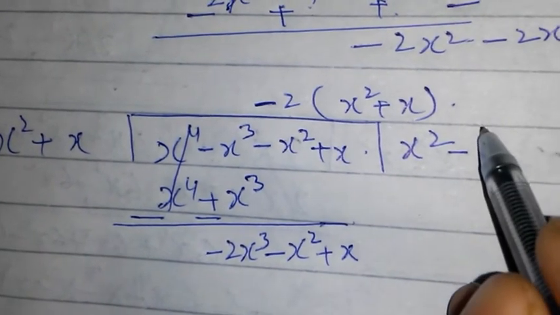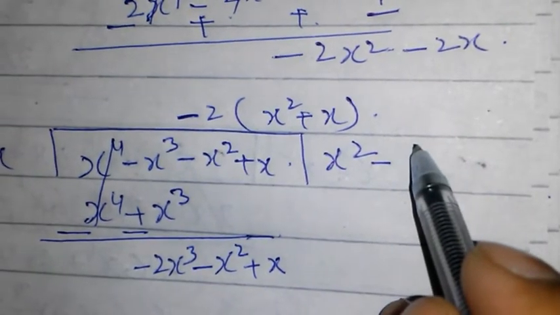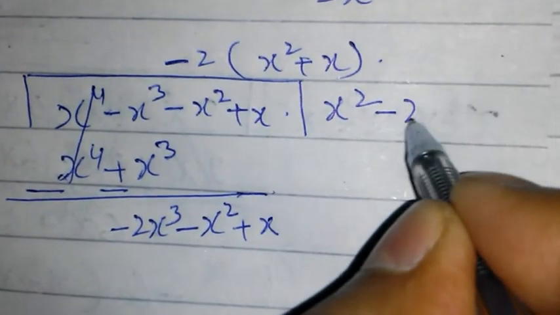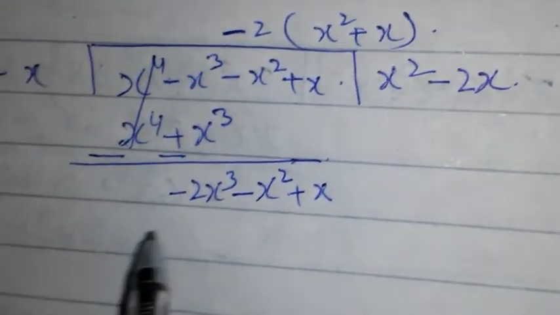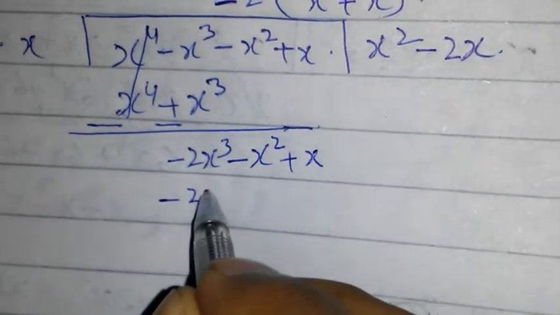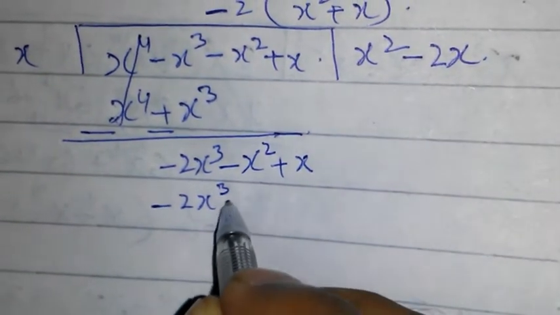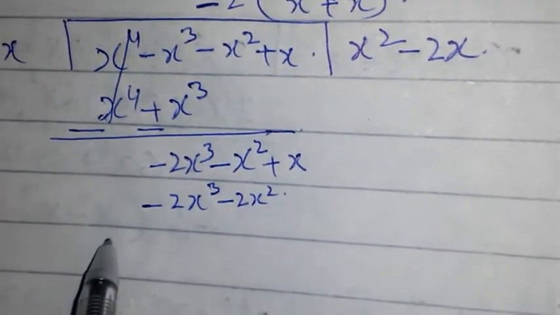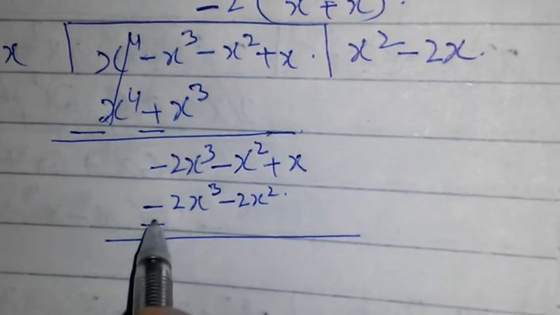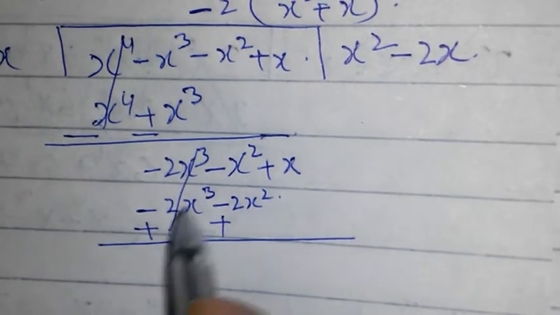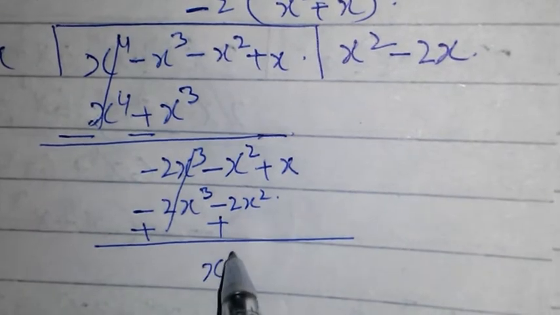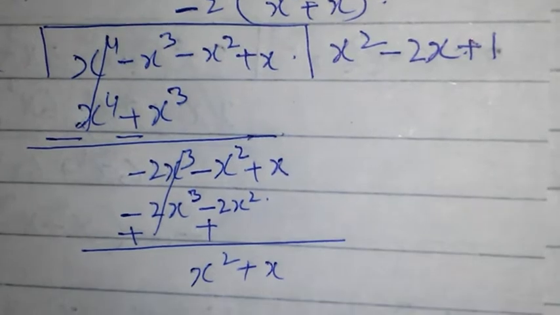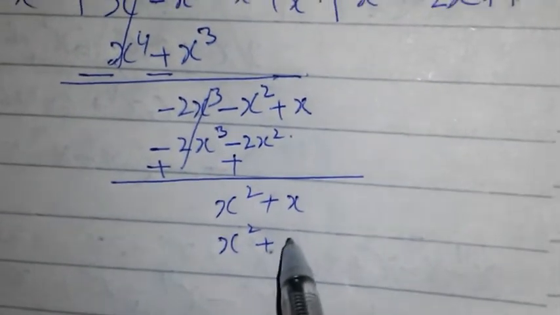Minus, minus 2 into x, minus 2x cube minus 2x square, subtracting. x square plus x plus 1, x square plus x.